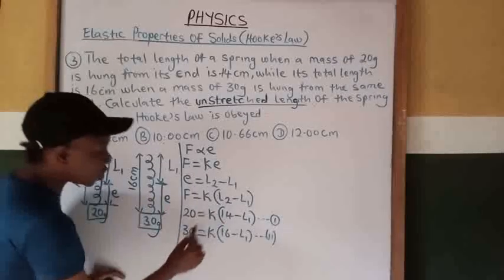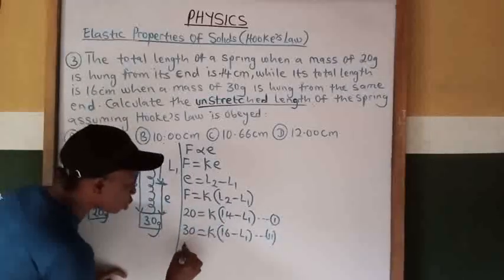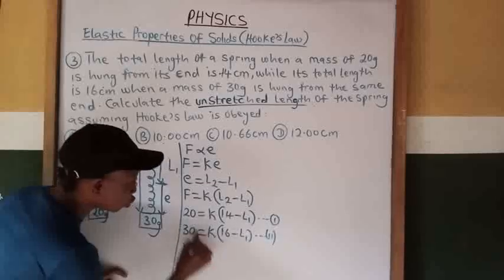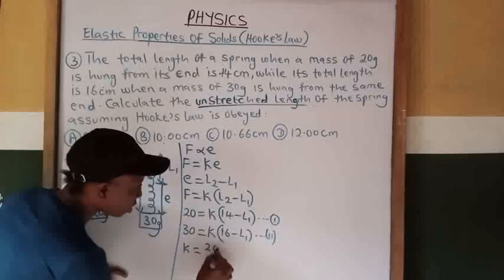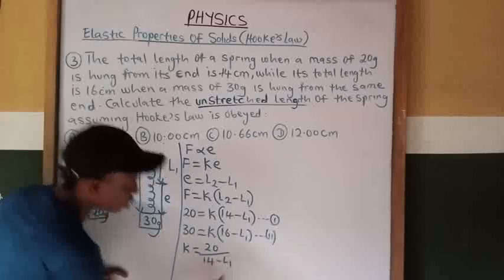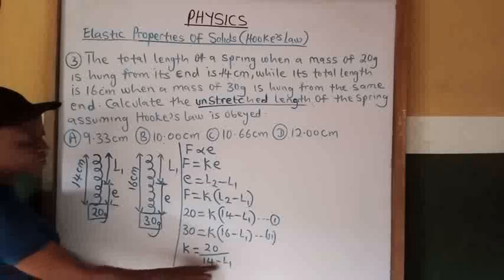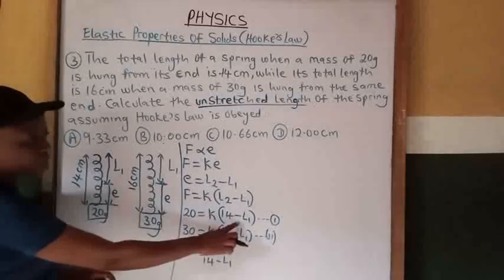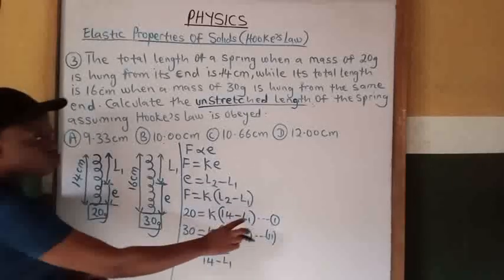From equation 1, let's make K the subject of the formula. So K = 20 divided by (14 − L1).